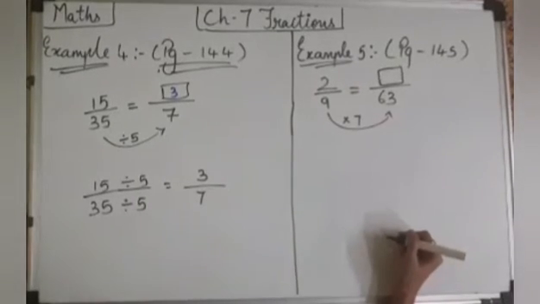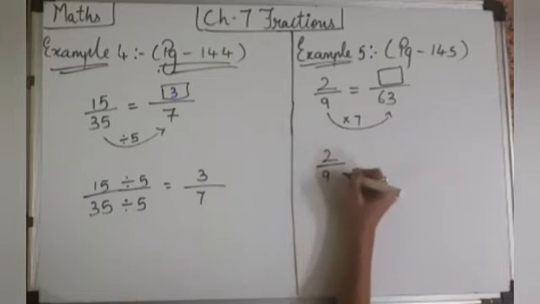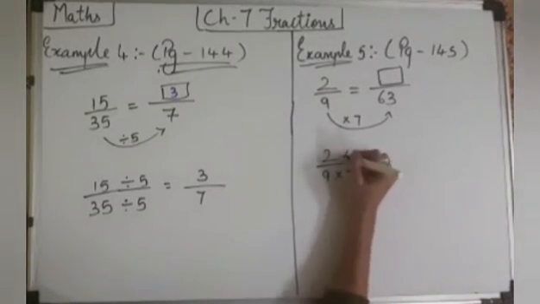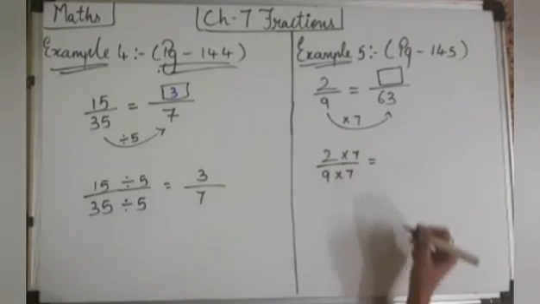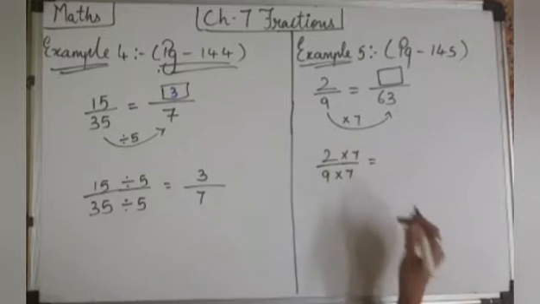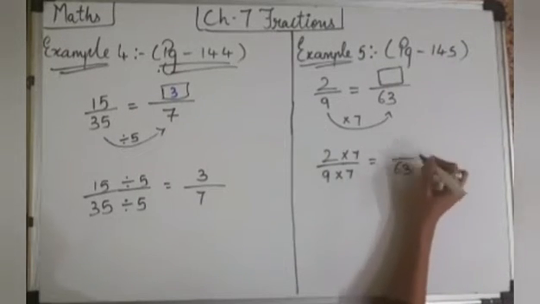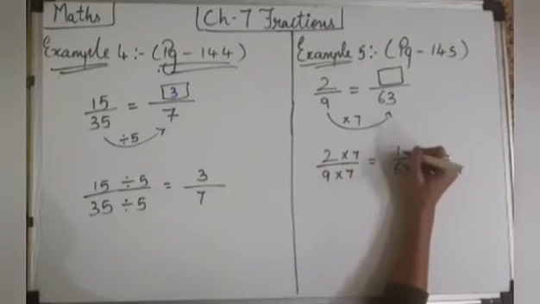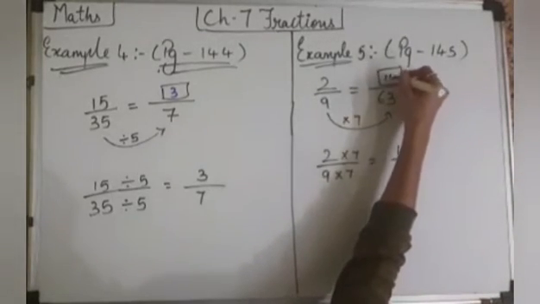Right? So, if in the denominator we are multiplying by 7, then in the numerator also we have to multiply by 7. So, how will the answer come? 9 sevens are 63 and 2 sevens are 14. It is easy now to find it.